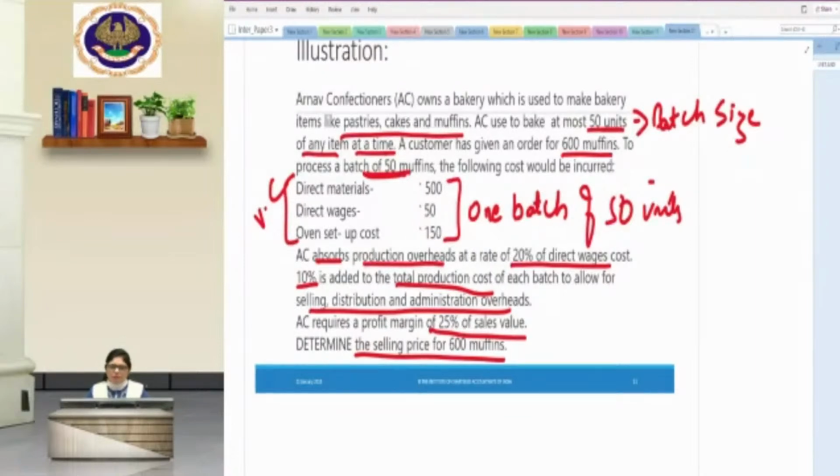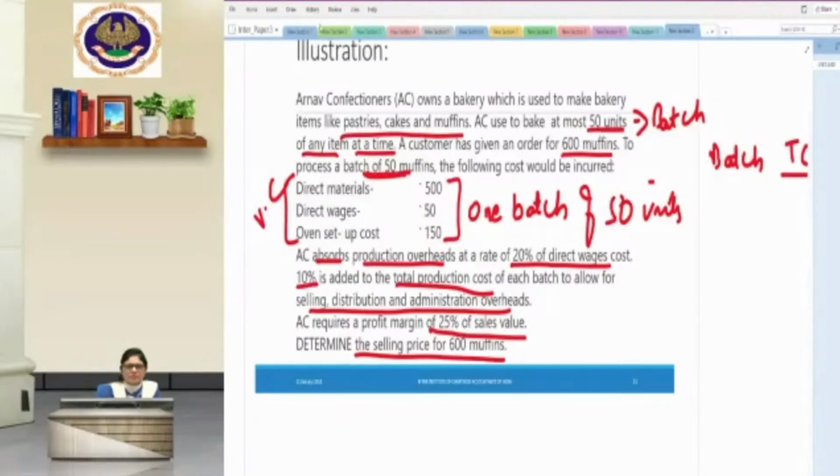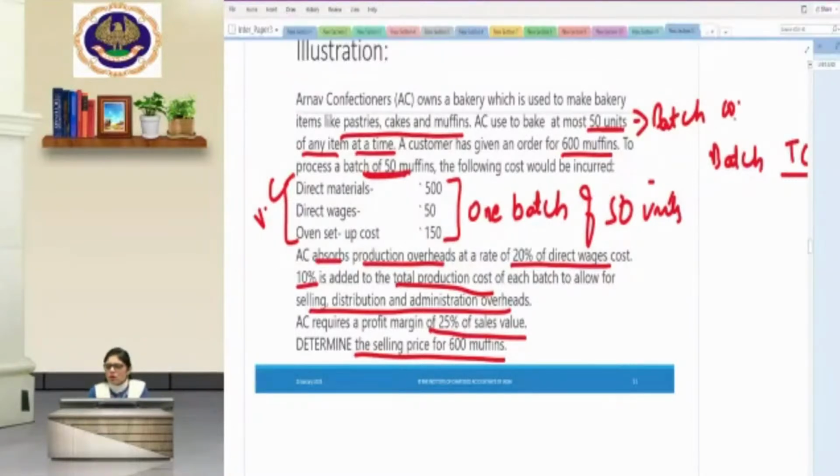Clear? So how you have to do it again? Statement of cost. It will be per batch, because this is batch costing. So total cost and cost per batch you also have to take. Clear? So cost per batch and total cost you have to take.